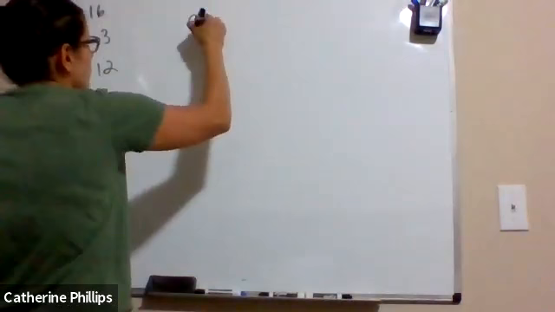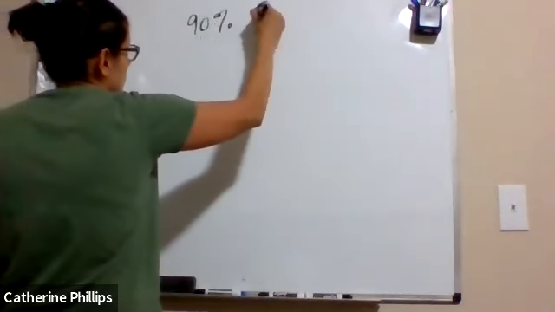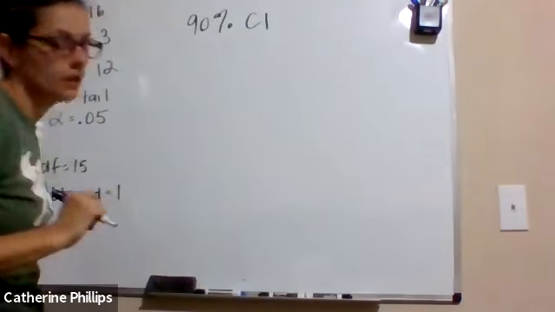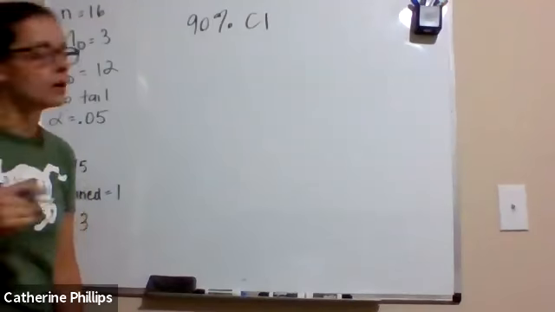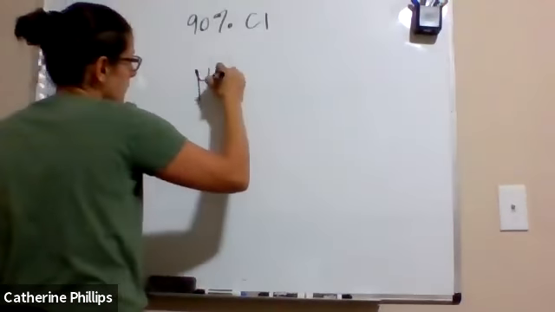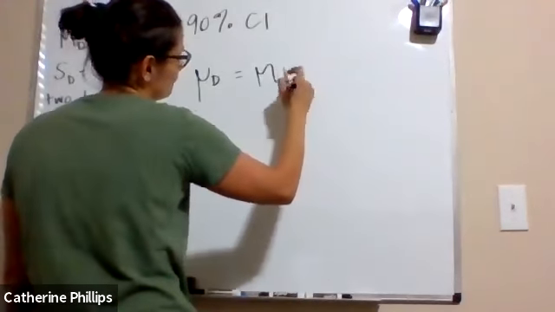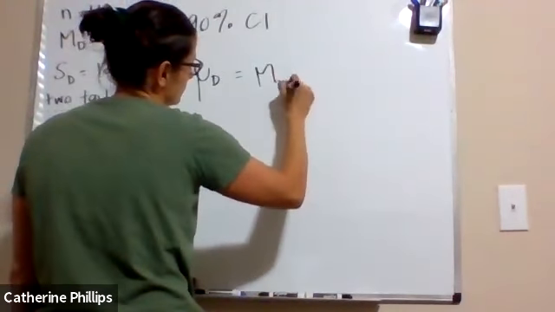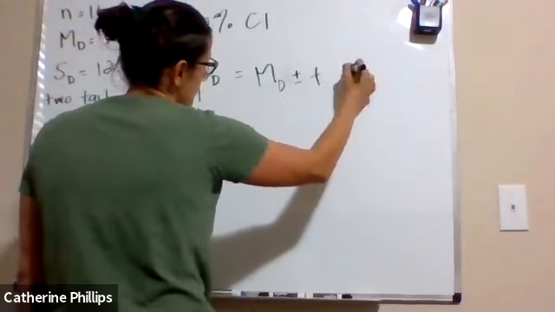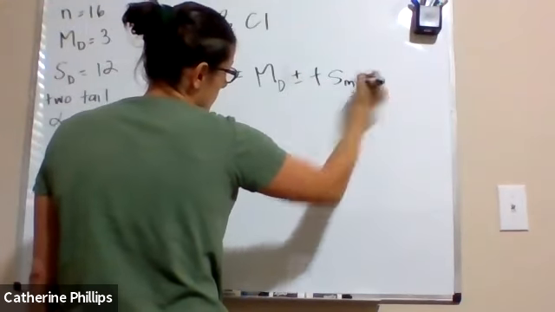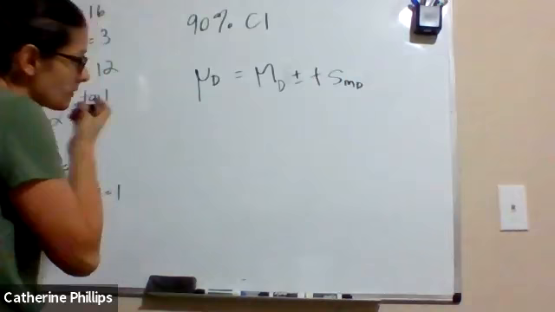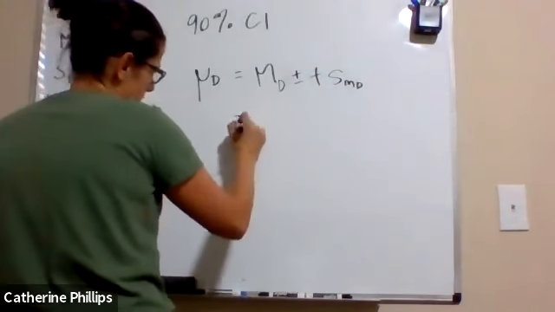Now a 90% confidence interval. For the 90% confidence interval, mu D equals MD plus or minus t times the estimated standard error. MD didn't change.